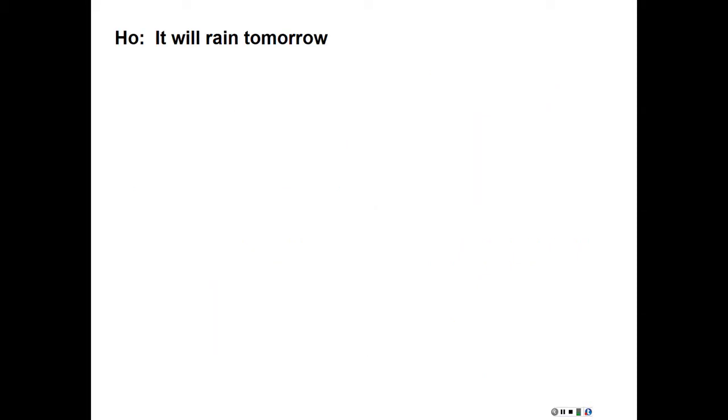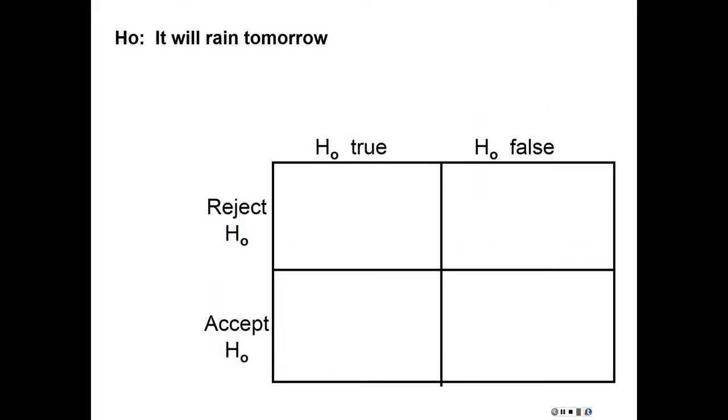So H0, it will rain tomorrow, could be true, or it might be false, which leads to 4 different potential outcomes for a hypothesis test. If H0 is true, it will rain tomorrow.